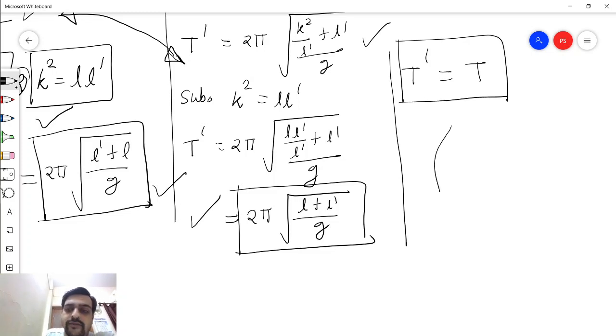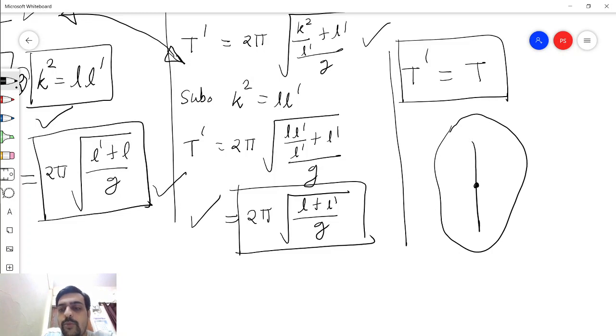That is, for a compound pendulum of any random shape about point G, we can find two such points O and O dash such that even if the pendulum oscillates about O or O dash, in both situations the time period is going to be the same.